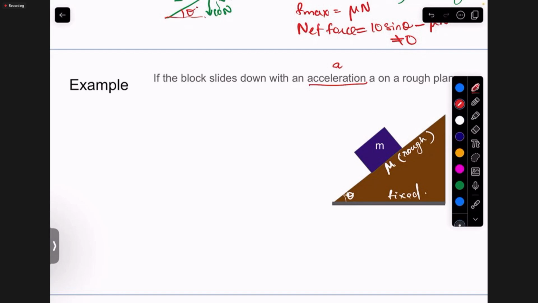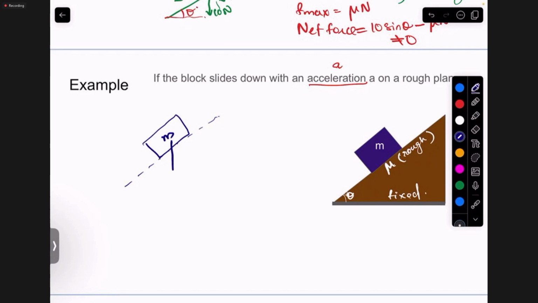So how will we proceed with this problem? First, we have to draw the free body diagram. So how are you going to do that? This is the inclined plane. This is the block over the inclined plane of mass m.